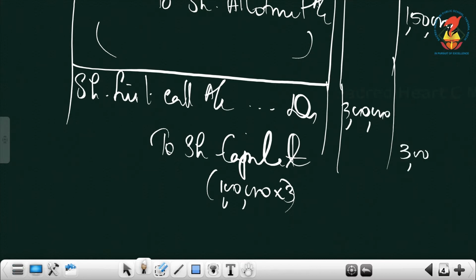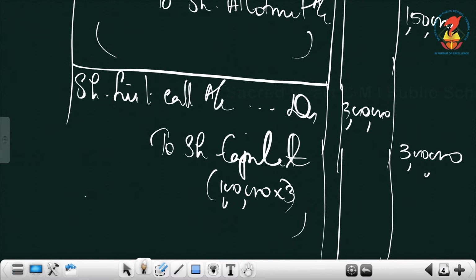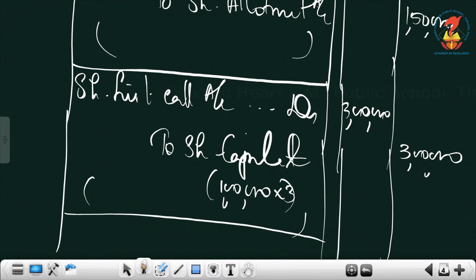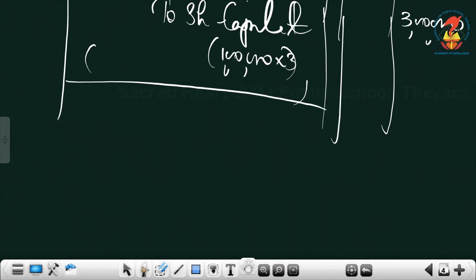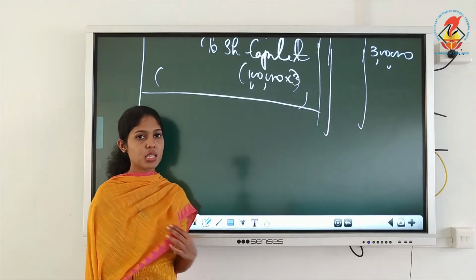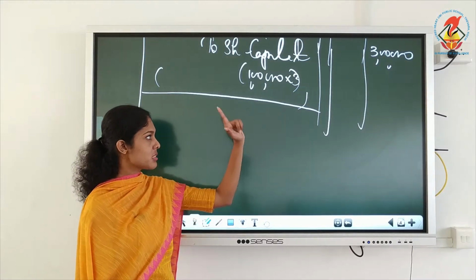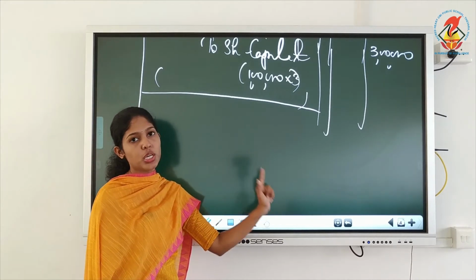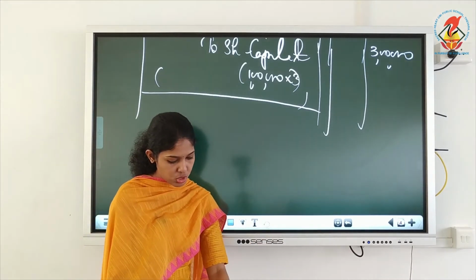Next we have to write the prorata entry. This is the new journal entry. In the textbook they have opened calls in advance account. Instead of that you can do it like this. You just write the prorata entry as share application debtor to share first call. What's the amount you are adjusting with the first call?